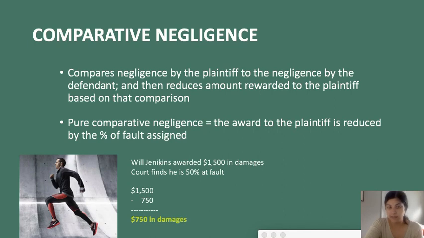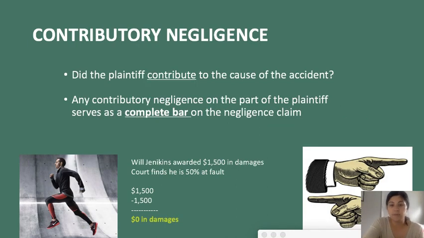Like I said on the past slide, every state is different in how they apply these laws. In some states, they have a much more severe version of comparative negligence, and what we call contributory negligence. So basically, there are a handful of states here in the U.S. that say, hey, if you, the plaintiff, contributed any percentage to the cause of the accident, then you get zero.